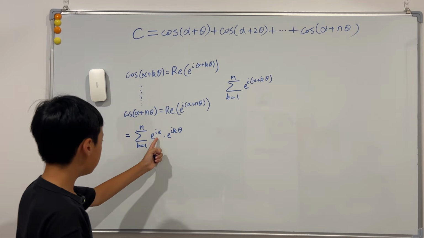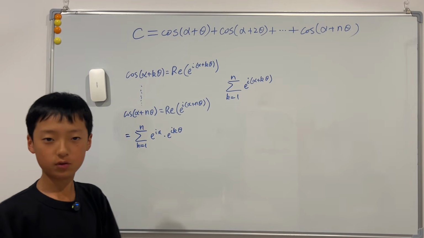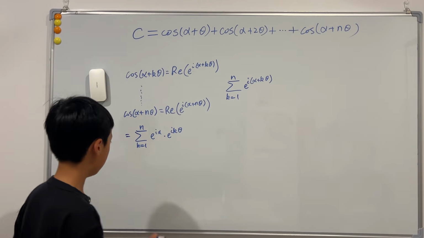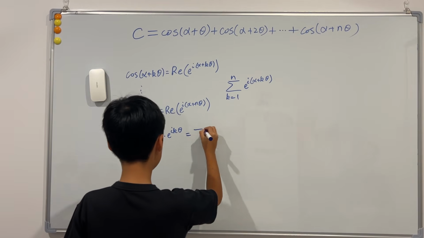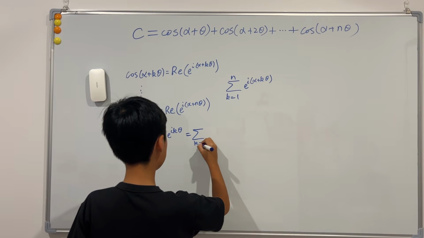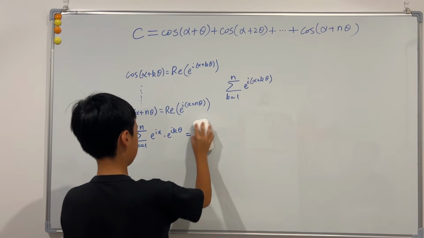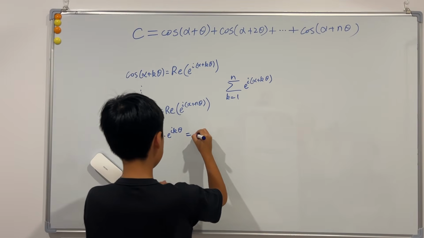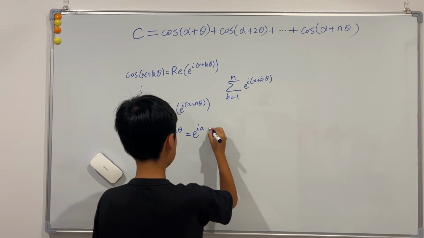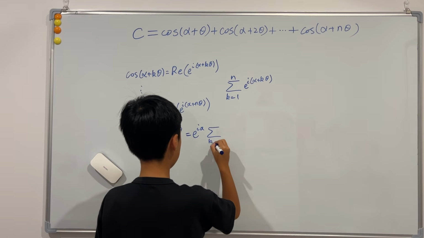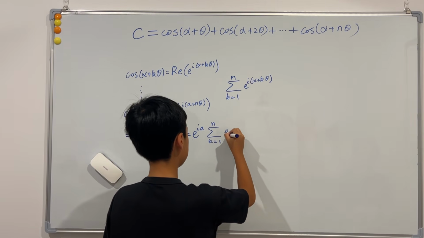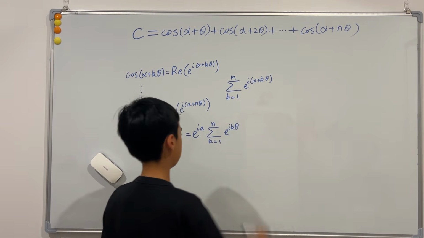So, does e to the i alpha have k? No, it does not. So we can simply take it out. So it's equal to e to the i alpha times sigma k goes from 1 to n of e to the i k theta.